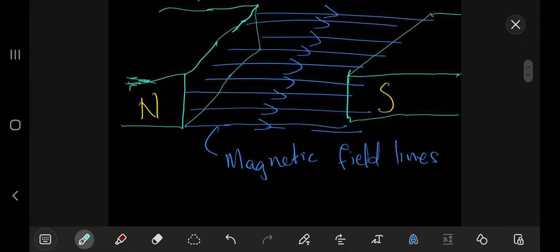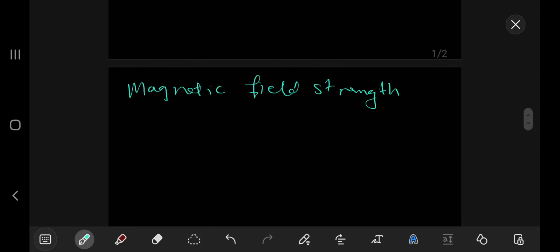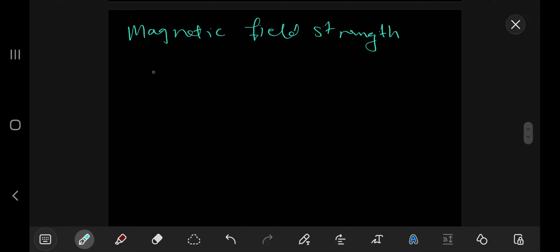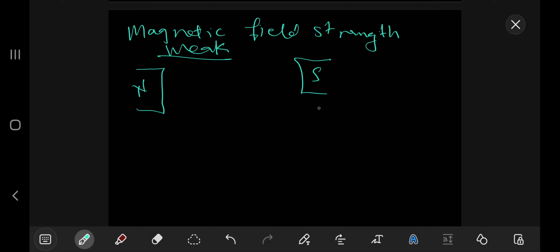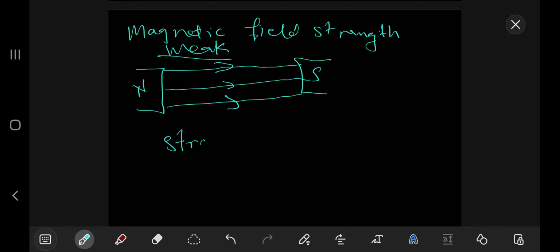The magnetic field strength depends on the magnets we are using, whether these magnets are strong or weak, right? So let's say we have weak magnets, a north and a south pole. It means in between there is a magnetic field, but its strength is weak, okay?